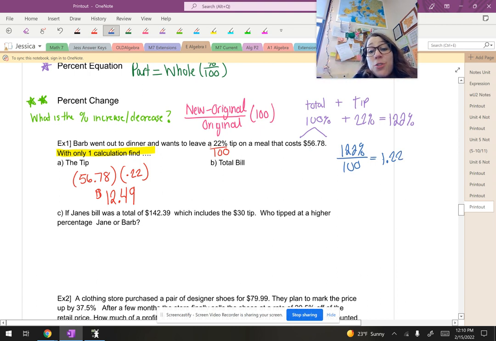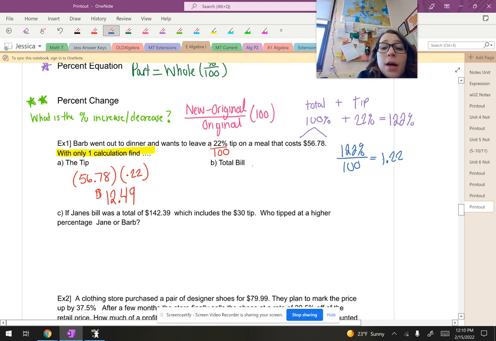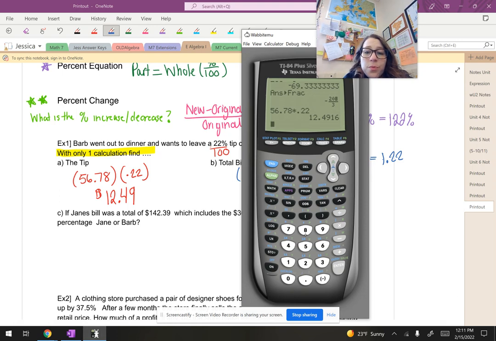So I can find the total bill in one step by taking that 56.78 and multiplying it by 1.22. 56.78 times 1.22.